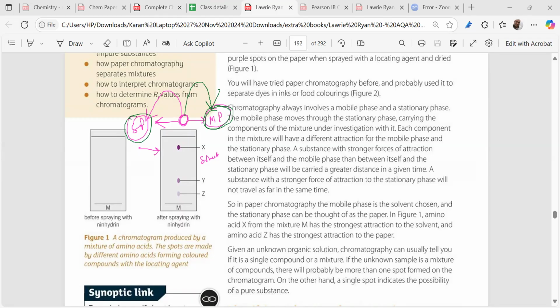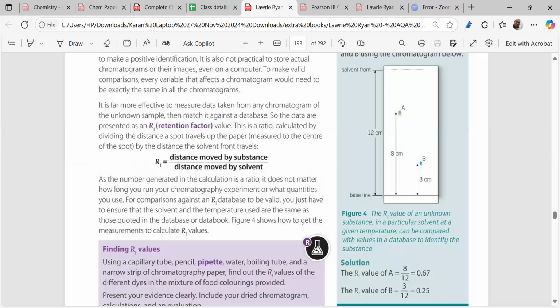Now, moving to this part, we learned about the RF value. The RF value is a very important part. RF value is a constant of a particular solute in a particular solvent, right? Is it clear? As I have told you, if you had taken propanol instead of water, it might have been that the yellow dye would have traveled slower, right?